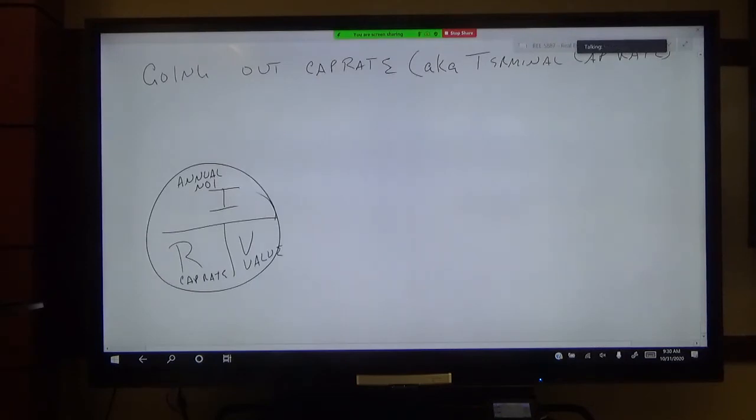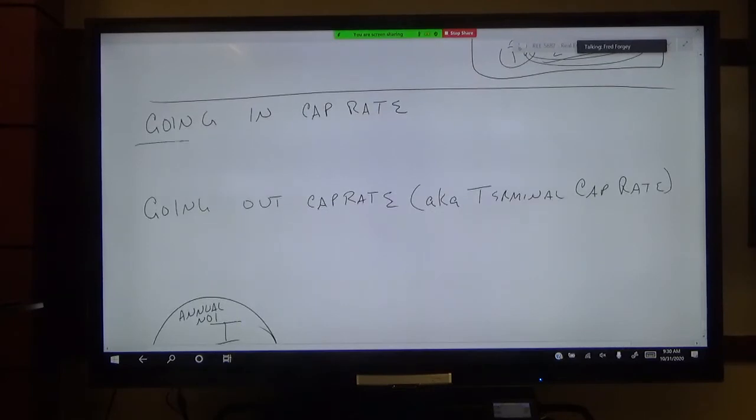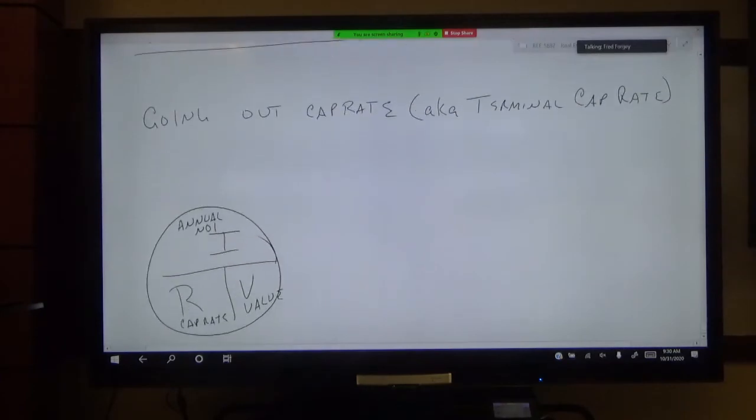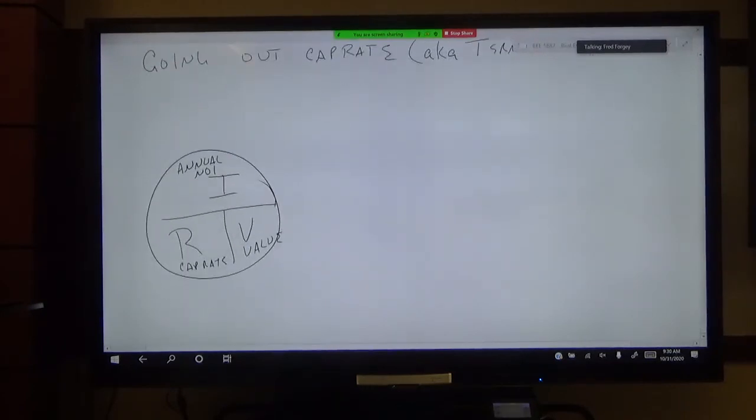Now, whenever you buy a property, you typically are going to have what is referred to as a going-in cap rate. What that would mean is, I bought the property for, let's say, $1 million, that's the value, and the property had annual net operating income of, let's say, $120,000.